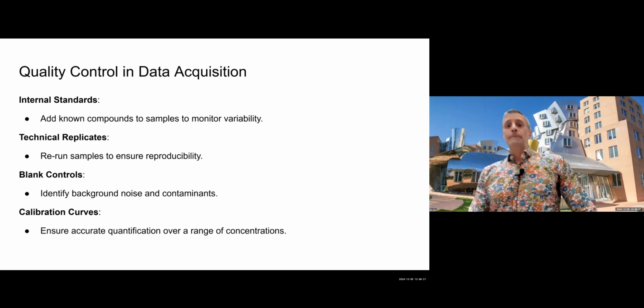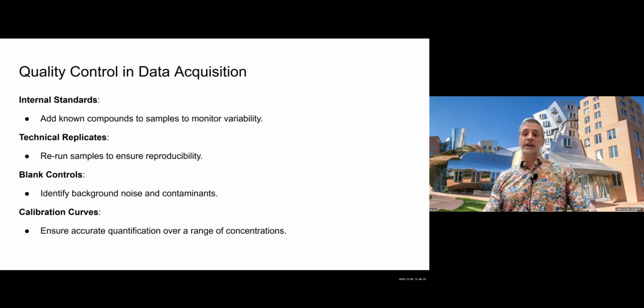So that can kind of affect things. And then if we don't have great separation in our chromatography, there's only a certain number of ions that we're going to see in any particular spectrum.